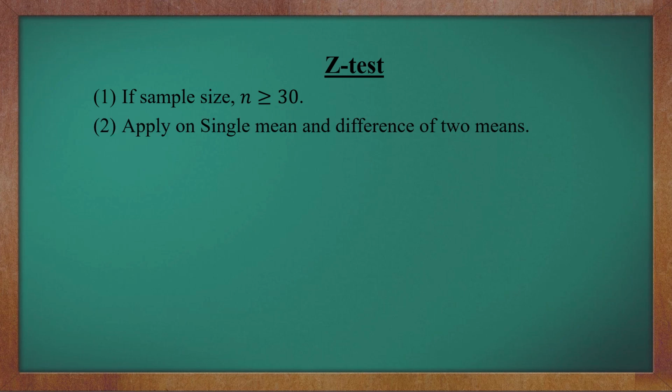Second, the Z test is applicable if you have one population or two populations. For one population as well as two populations, you can apply the Z test if the sample size is greater than or equal to 30. Just remember, this is the most important condition: the sample size should be greater than or equal to 30.